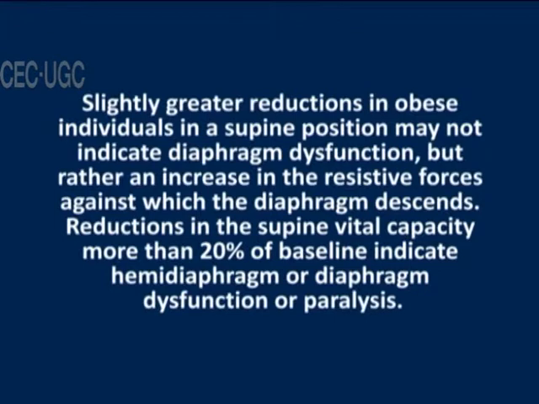Slightly greater reductions in obese individuals in a supine position may not indicate diaphragm dysfunction, but rather an increase in resistive forces against which the diaphragm descends. Reductions in the supine vital capacity more than 20% of the baseline indicate hemidiaphragm or diaphragm dysfunction or paralysis.